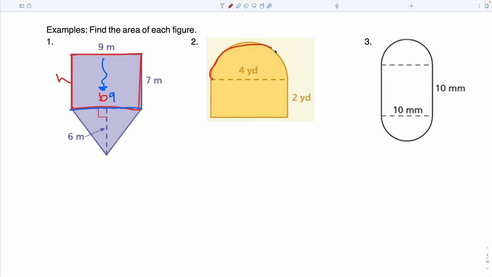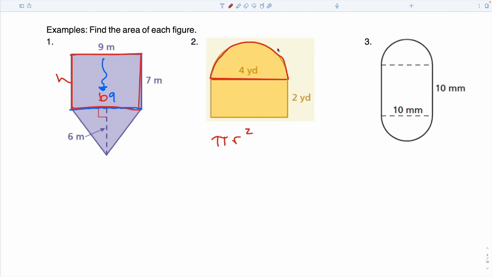Okay, what's the other one? It looks like what? It's like half of an oval. This is actually half of a circle. If they're going to cut it in half, you can bet that they're trying to get you to think it's a semicircle. You haven't really formally done this before.